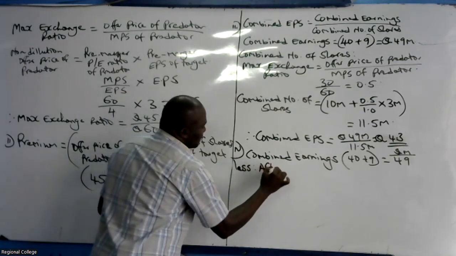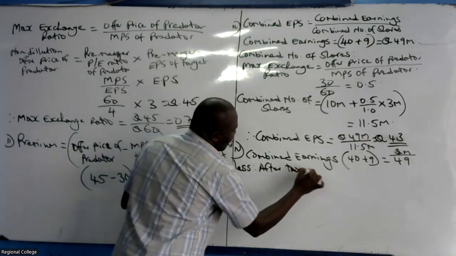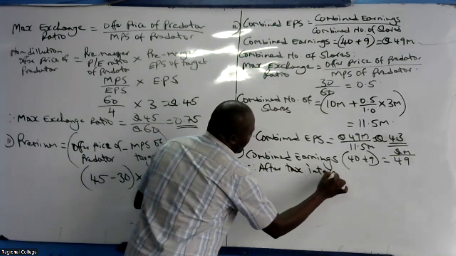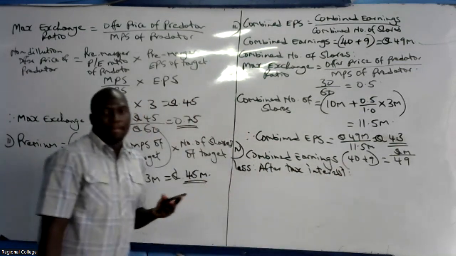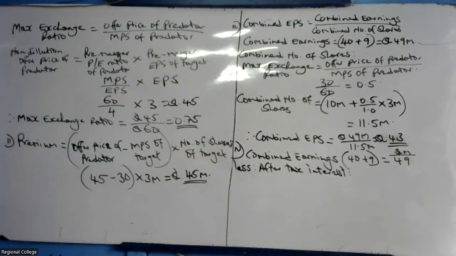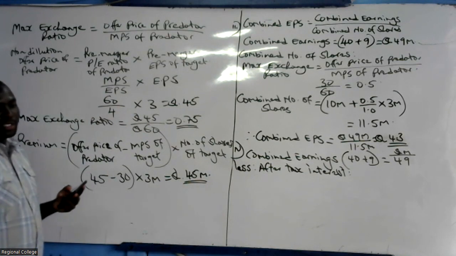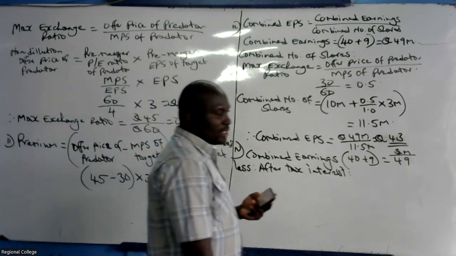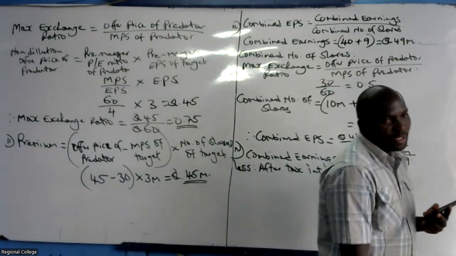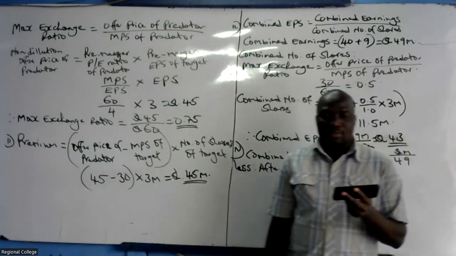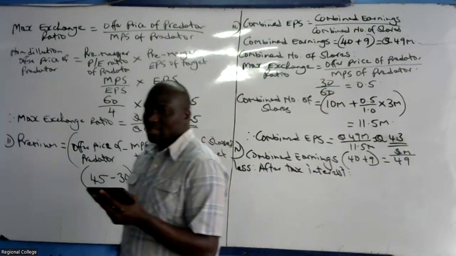After tax interest. So you're bringing in debt. When you bring in debt, interest is an expense. And interest as an expense should always be affected by tax. So the ideal cost as far as interest is concerned is the after tax.